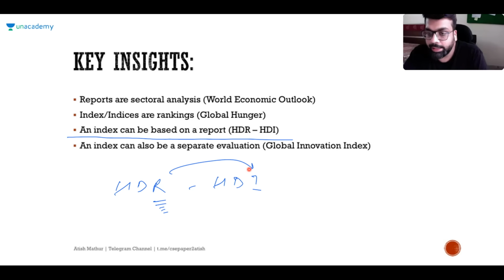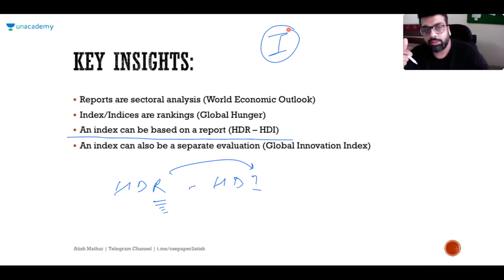The index is the ranking, the report is the analysis. Also, there could be an independent index. You don't necessarily need to have a report for having an index. For example, the Global Innovation Index. There is nothing called the Global Innovation Report. So the index basically ranks countries on which country is the most innovation friendly, which countries have the best policies to promote innovation. So that's the idea.